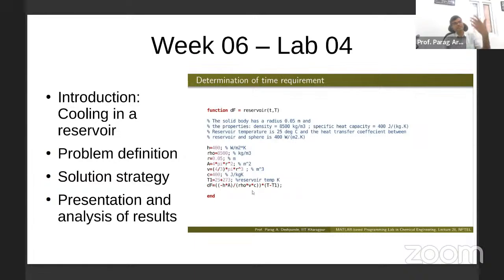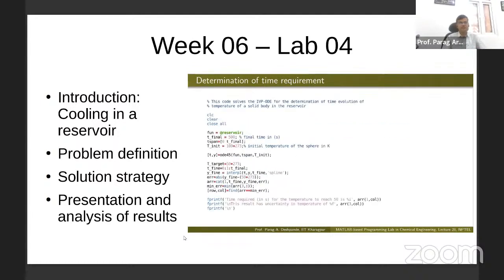This is the definition which has come from your original problem. So you solve this problem in two blocks. In one block, you define what your problem is, that is this block, and you solve the ordinary differential equation, which is this block.